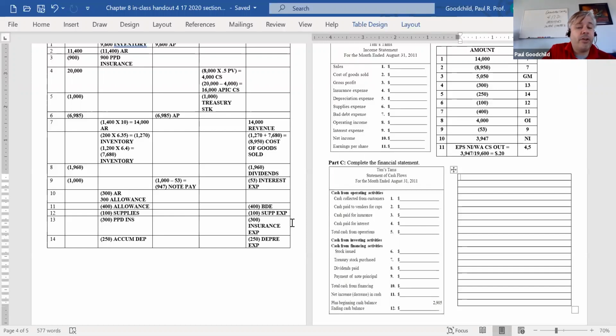So I had another question that said, why is it 400, not 1,000? In part 5, there was $1,000 is what the cost was to purchase those shares back, but there were 400 shares.